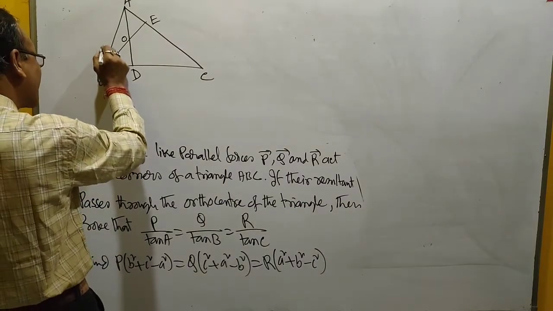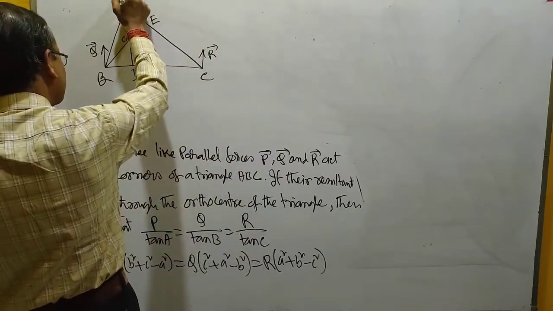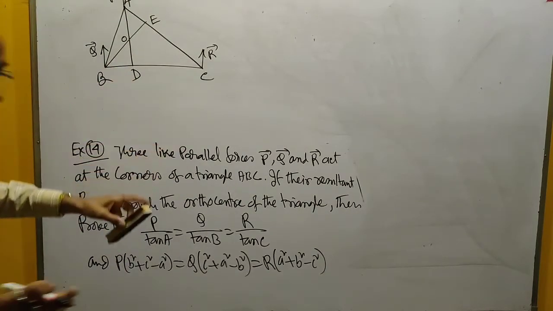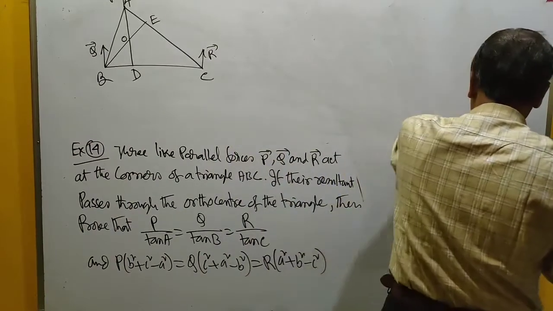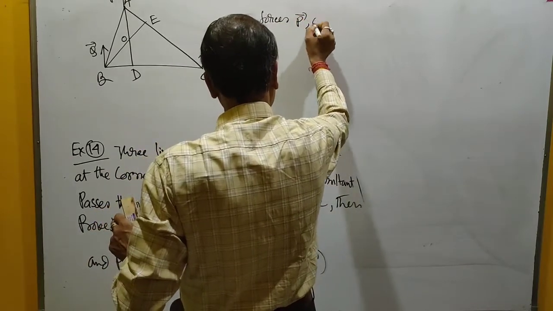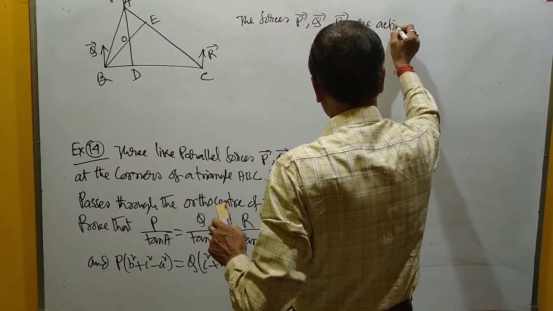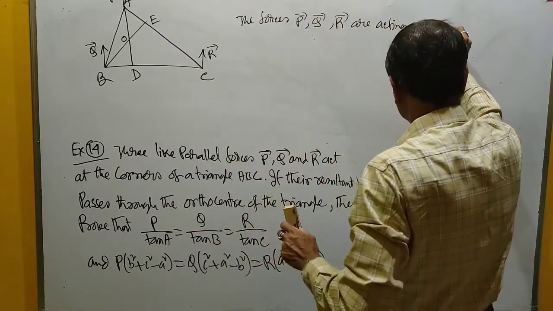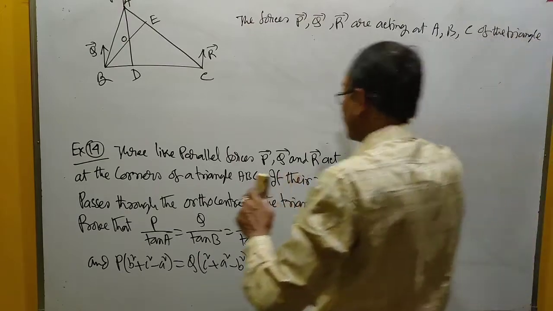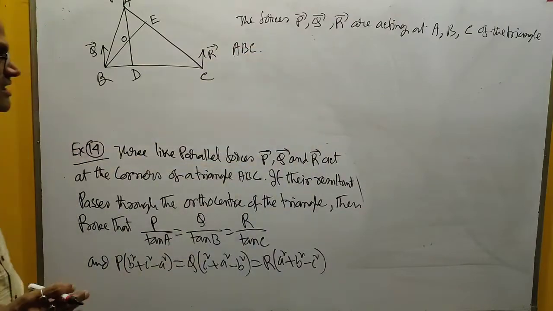The forces P, Q, R are acting at A, B, C of the triangle ABC. These are like parallel forces.